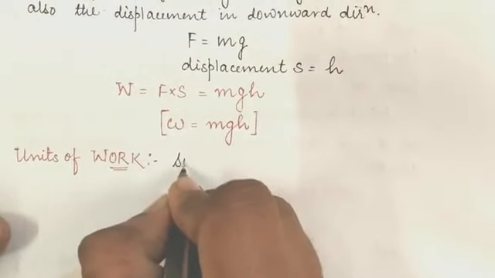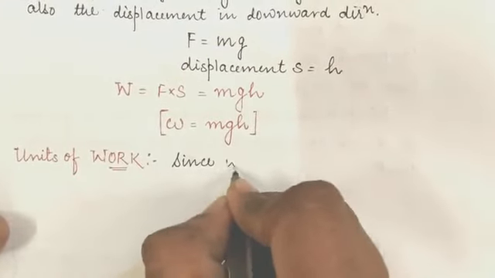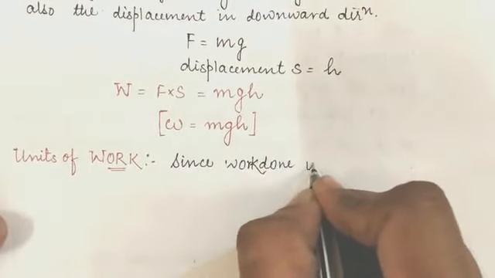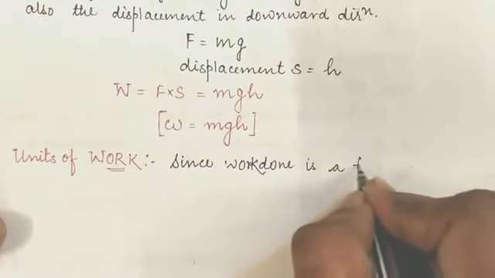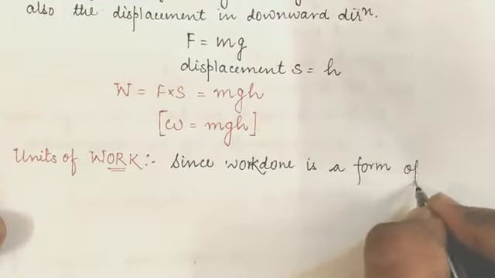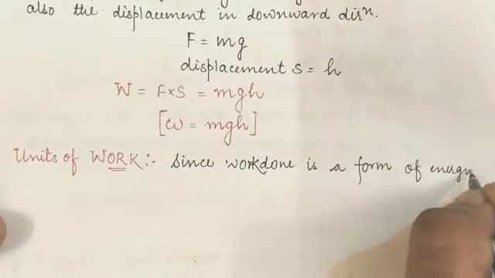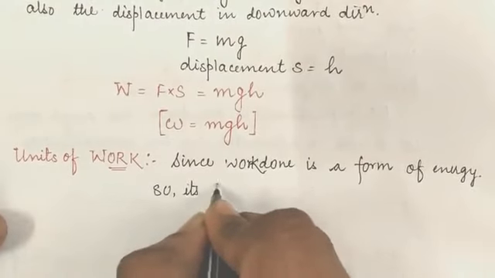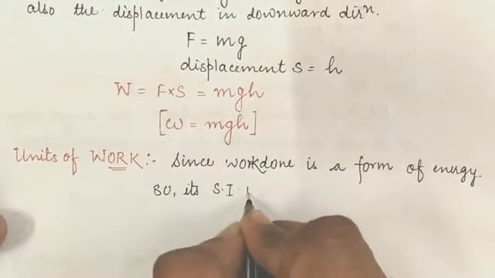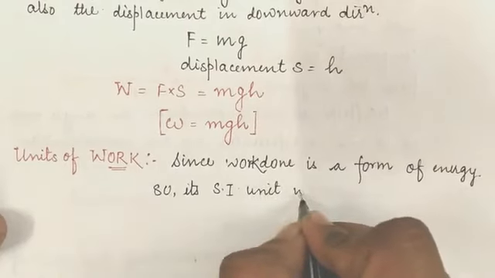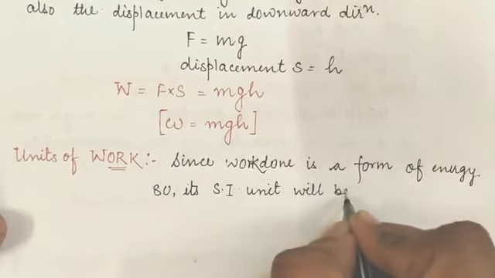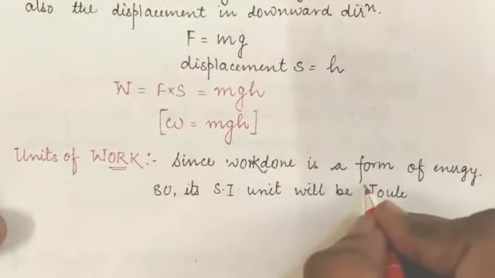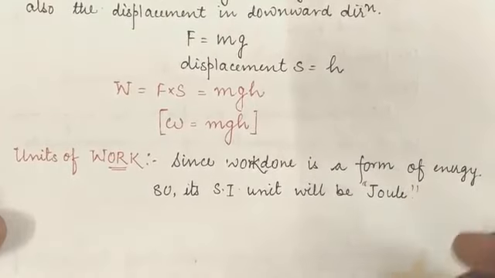What we can write here: since work done is a form of energy, its SI unit will be joule. Okay children, so the SI unit of work done can be given as joule.